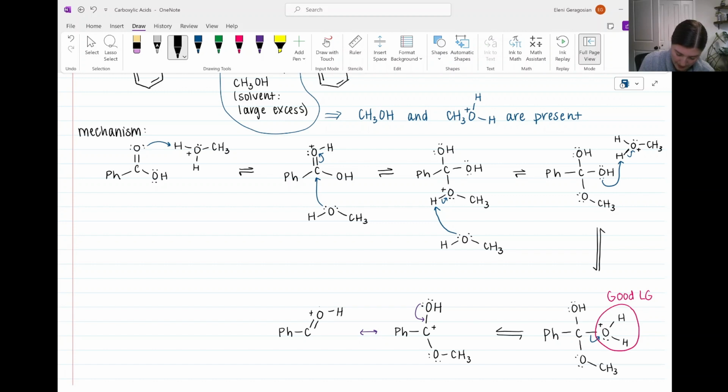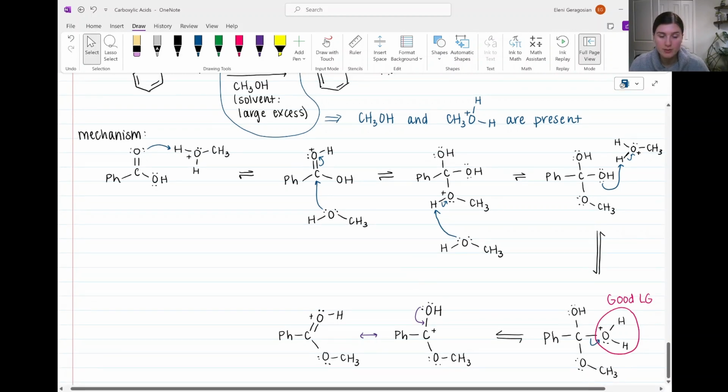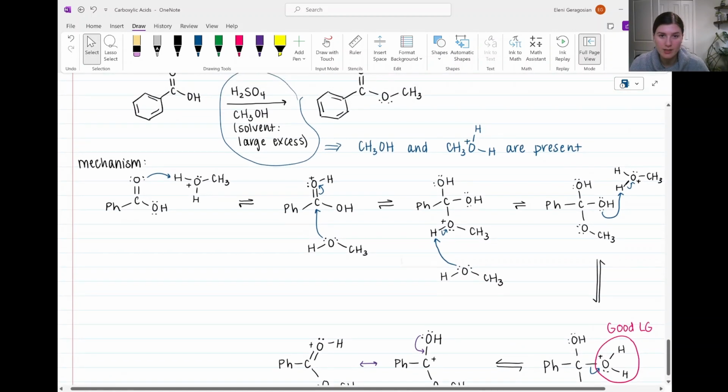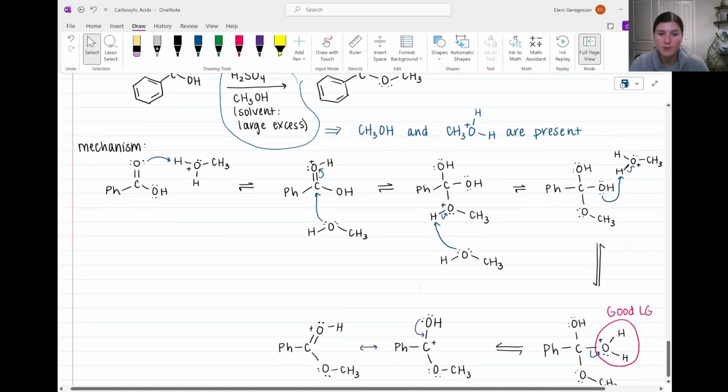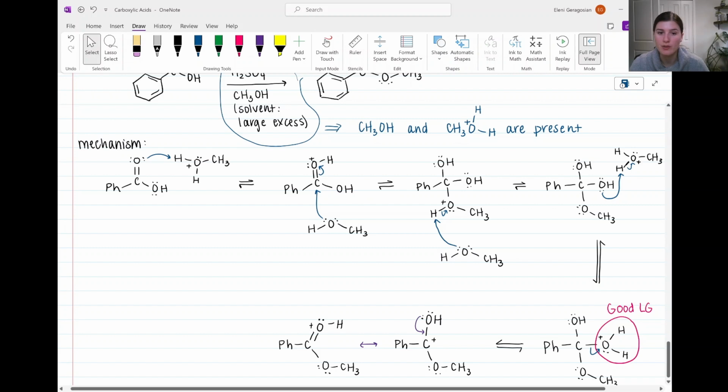We do have a positively charged oxygen, but this resonance structure is more stable. But now, if you look at this molecule, and I'll scroll up and look at our desired product, the only difference between this molecule and our desired product is that proton bonded to that double bonded oxygen.